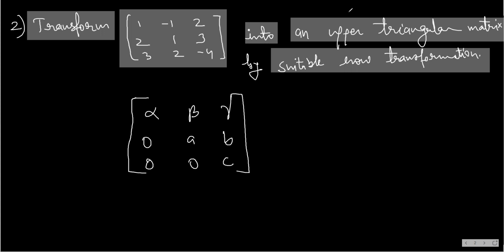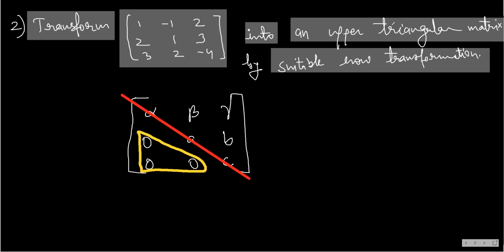So here you see that you have one square matrix, and in that square matrix, this is the diagonal. These are the diagonal elements. Now below the diagonal elements, you notice that all the elements are 0.